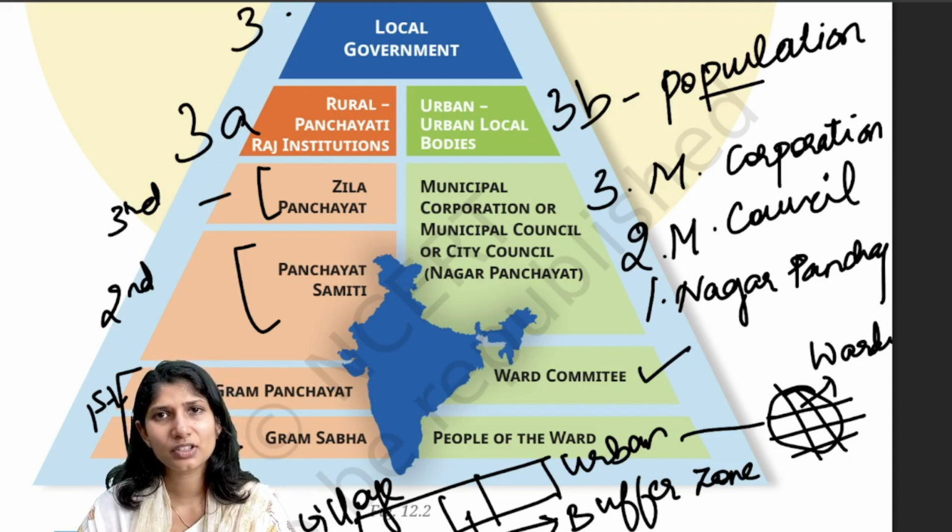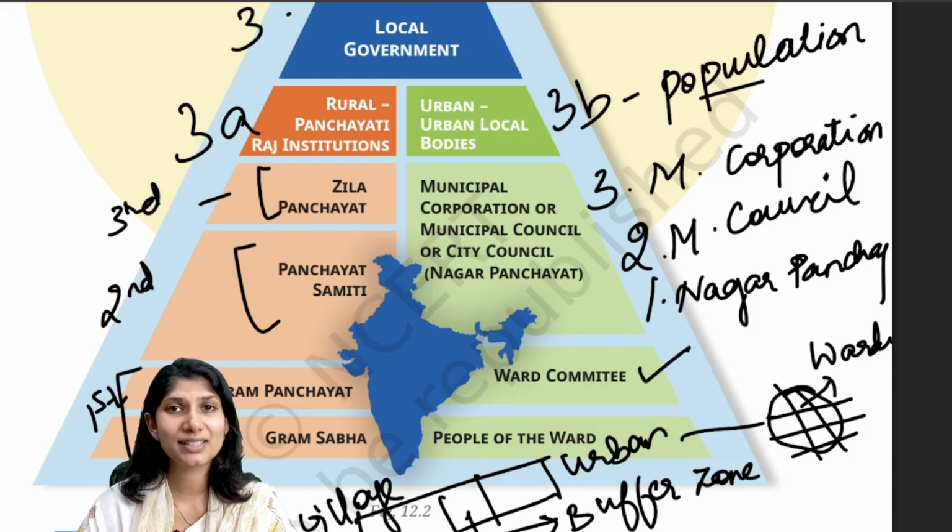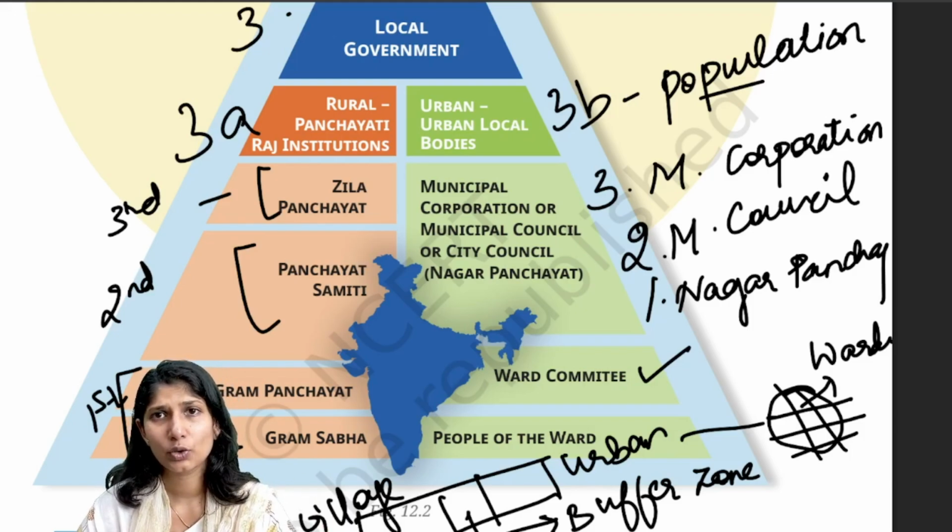Now, when we see with respect to your urban areas, largely it is manufacturing and service sector dominated. The urban areas are service and allied sectors. So the difference between the two is what we are calling urban and rural bodies. In your urban areas, there are many bigger cities, many smaller cities.